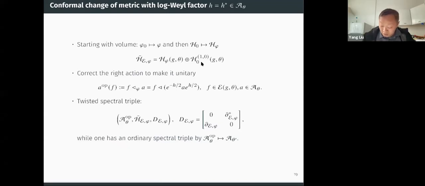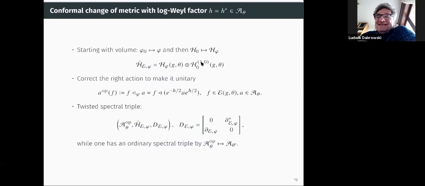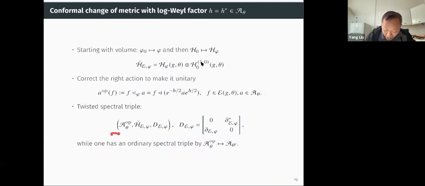So yeah, I'm reaching the end. I'm very close to the point. I think that will confuse you a lot. So okay, now we have this right spectral triple, right? That represents a curved metric.